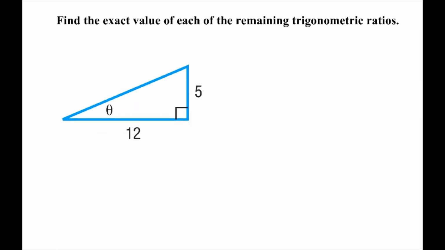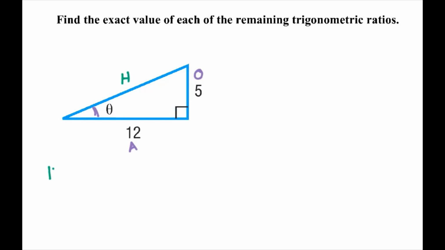So now in this question we need to find all the trig ratios. So we have 6 trigonometric ratios. The first 3, sine, cosine, and tangent, they are the basic ones. So by looking at this, this is my theta, this is my opposite side, and this is my adjacent side. We need to find the hypotenuse side.